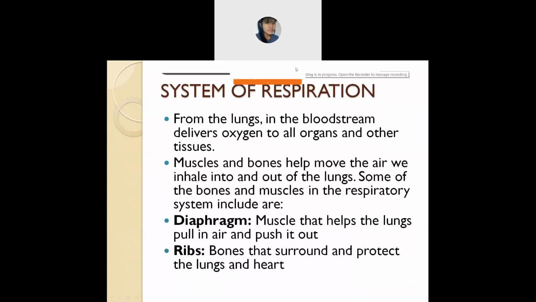Next is the system of respiration. Okay, so in the system of respiration, your lungs play an important part. The lungs go and supply oxygen to the organs, to all the parts of your body, with the help of your bloodstream, and to your tissues as well.